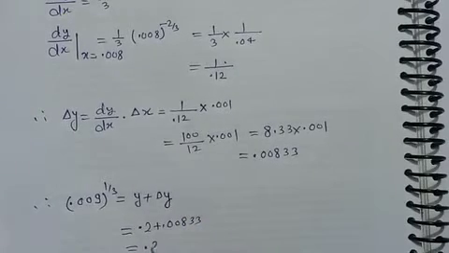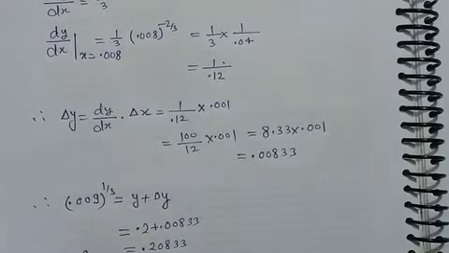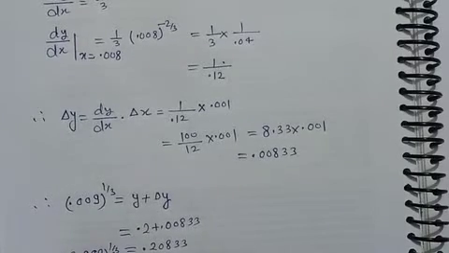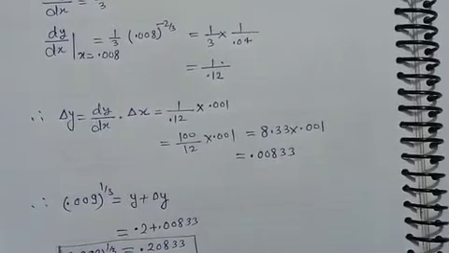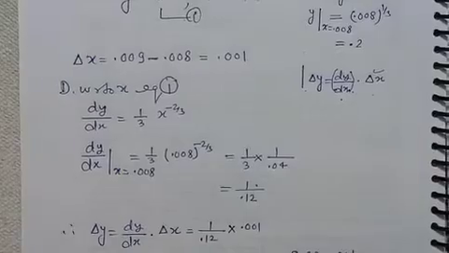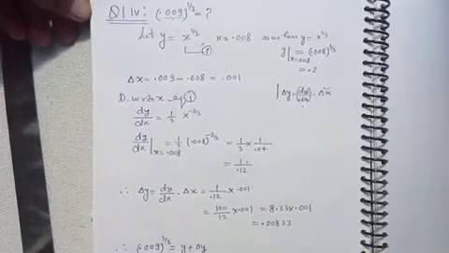It means 0.20833. This is the cube root of 0.009, an approximate cube root of this number. In this way we can calculate approximate values of a function using derivatives. You can take its screenshot also.